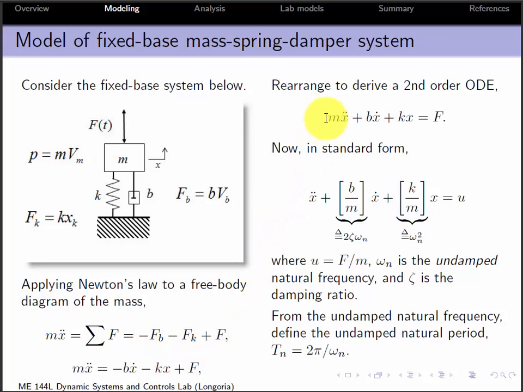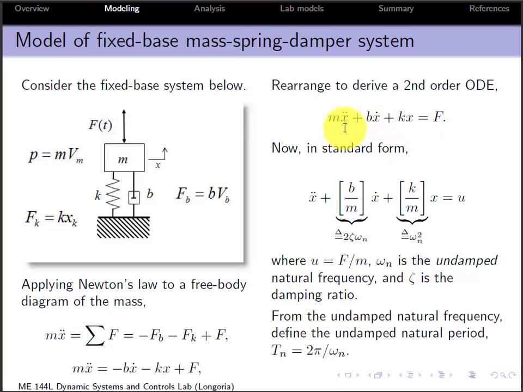At the end of the day, you get this very familiar second order linear differential equation. And it's linear because we've assumed linear damping and linear stiffness, and the force here is an input. What I want to convince you to do is to get in the habit of putting this into standard form.